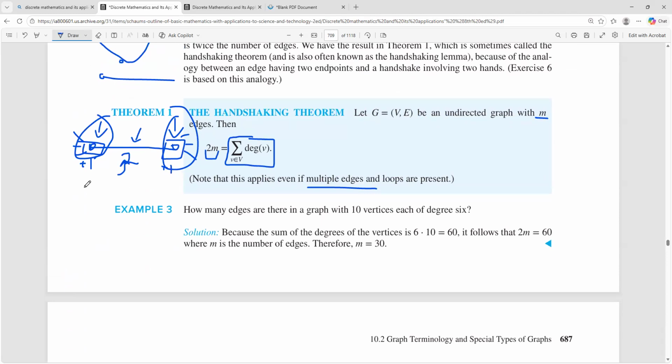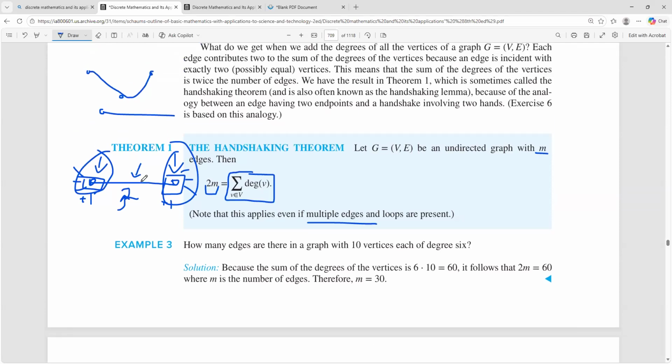Is everyone okay with that notion? A quick example: how many edges are there in a graph with 10 vertices, each of degree 6?